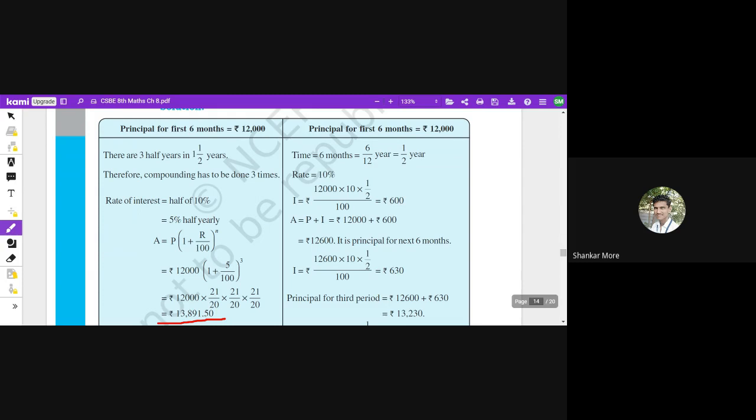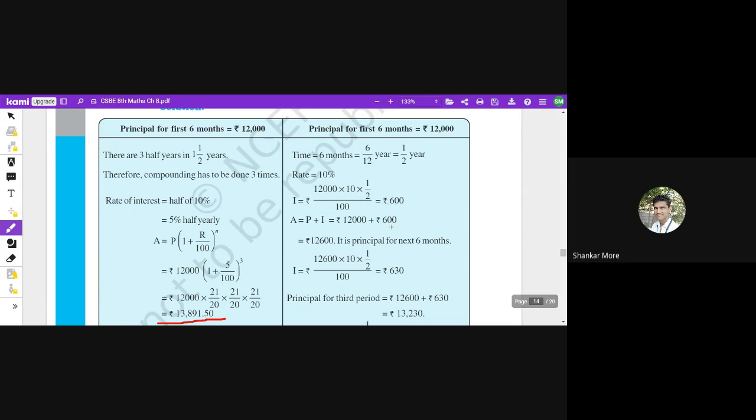But when we are calculating with the simple interest method, SI method, we will put the whole interest rate or the complete interest rate. So यहाँ पे आप देखो, the rate is 10% and the principal amount is 12,000. So यहाँ पे मैंने 12,000 रख दिया, 10% का रेट रख दिया, और हाफ ईयर यहाँ पे मैंने लिखा है, divided by 100. So it is going to be 600 rupees.